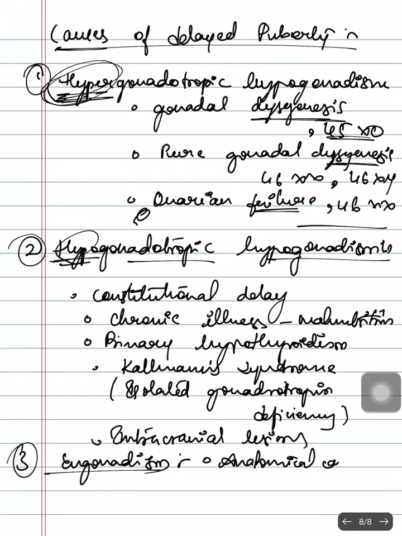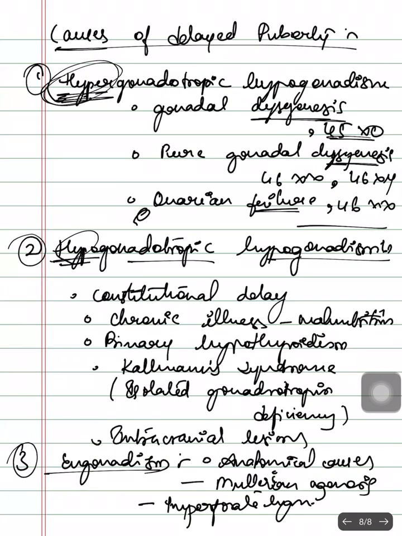In eugonadism there are anatomical causes, which are Mullerian agenesis, imperforate hymen, and transverse vaginal septum. So this is eugonadism, and it is a cause of delayed puberty.